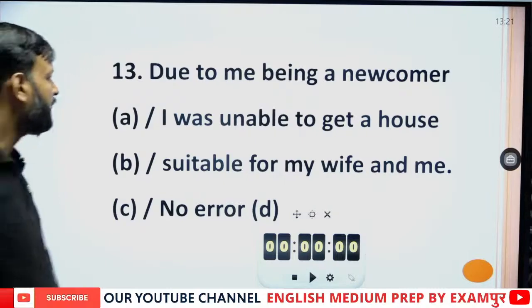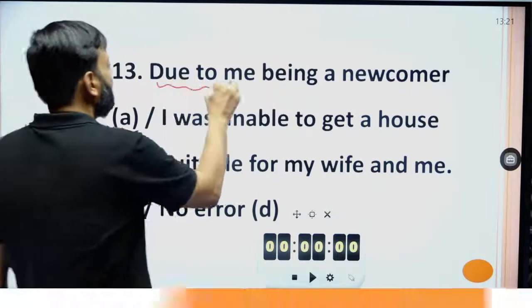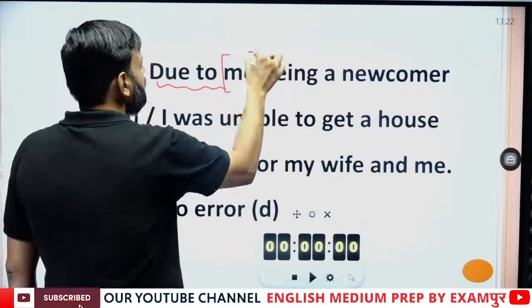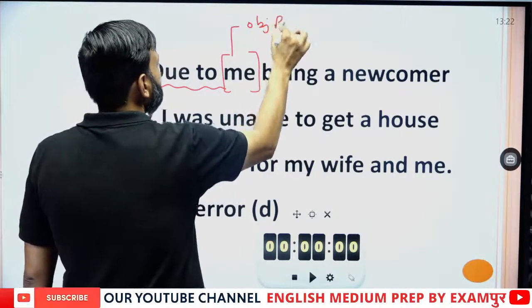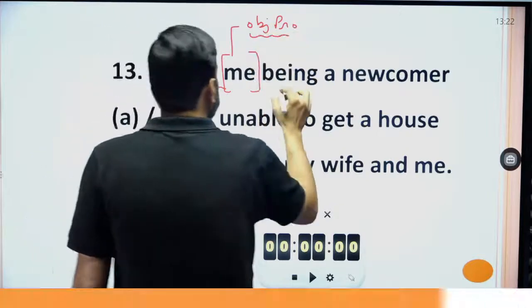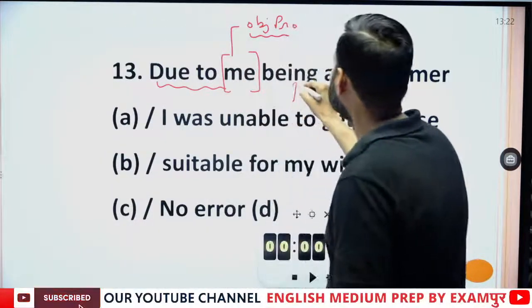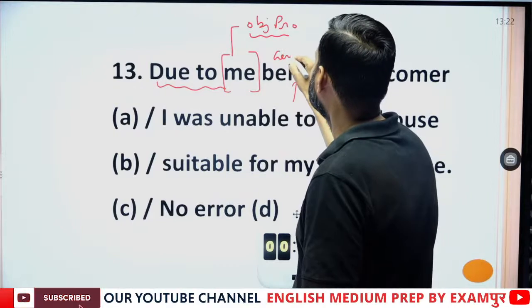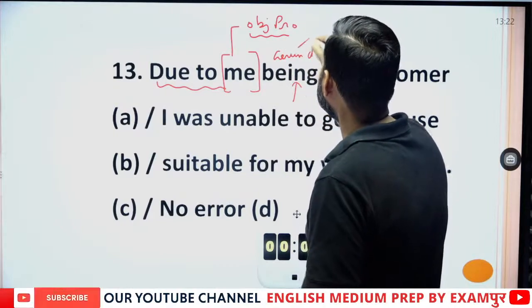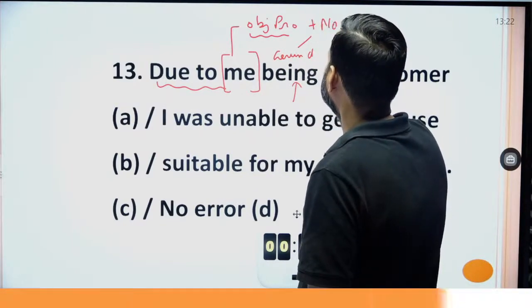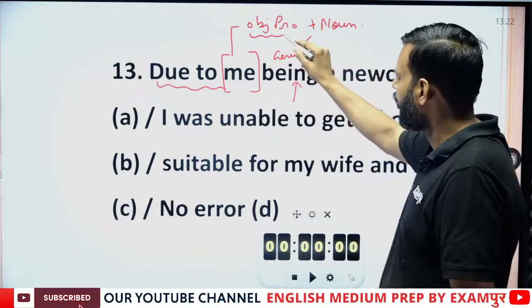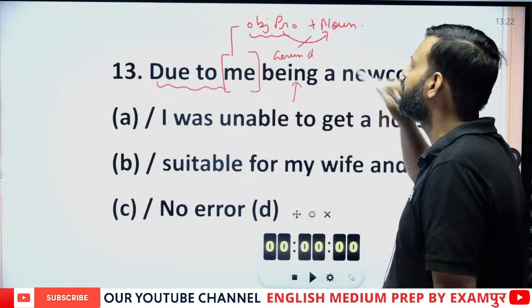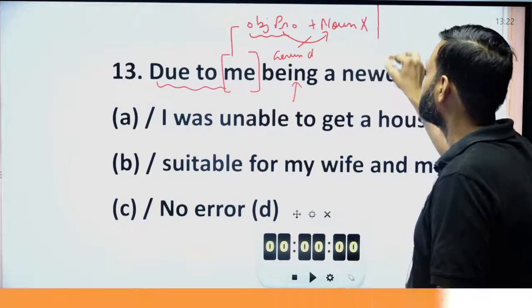Okay, in this sentence, as we can see, we have due to me. Now me is an objective pronoun, and the word being is a gerund. And a gerund is what? A noun. So basically we have an objective pronoun followed by a noun, which is a wrong arrangement.